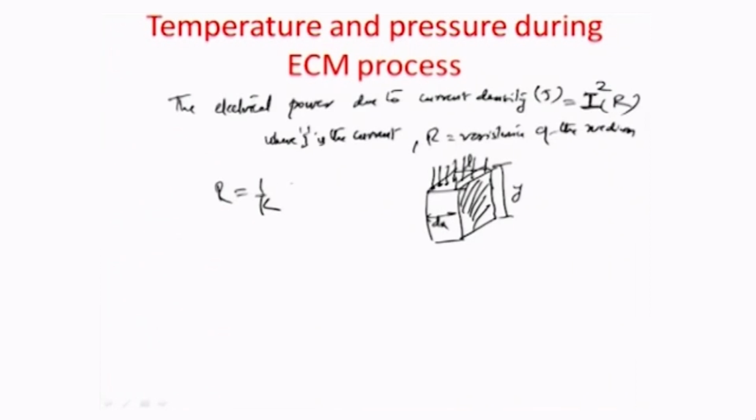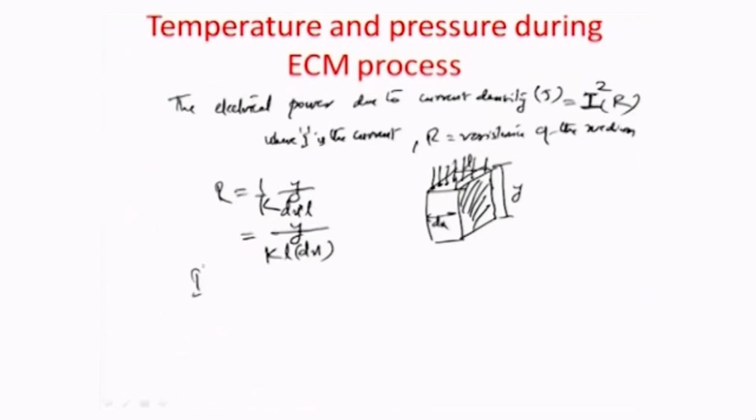So, the length that it would face is y, and the cross sectional area that it would face is dx times L. So, therefore, the total resistance would be equal to y divided by k L dx.